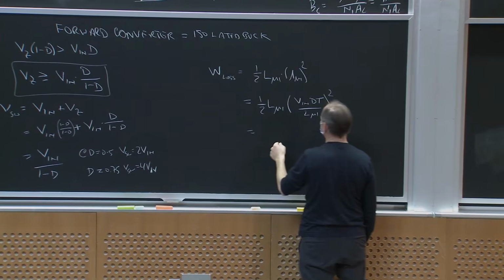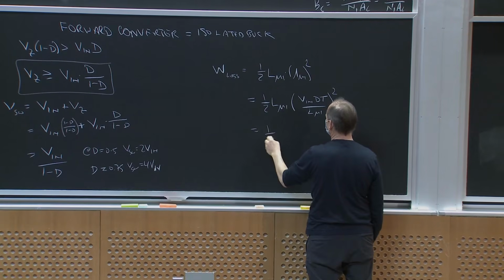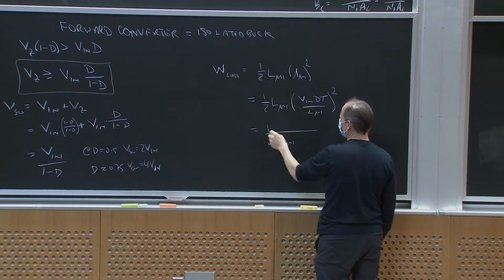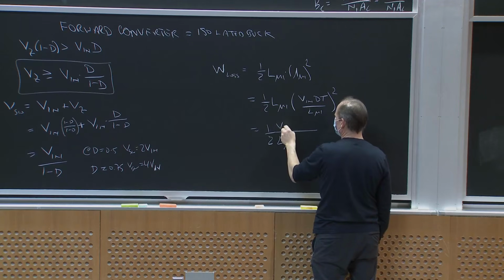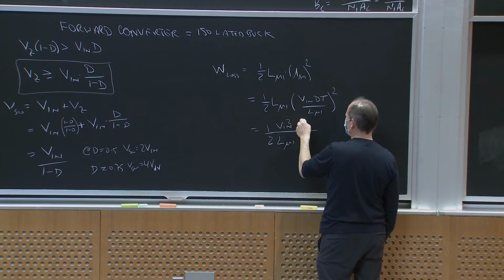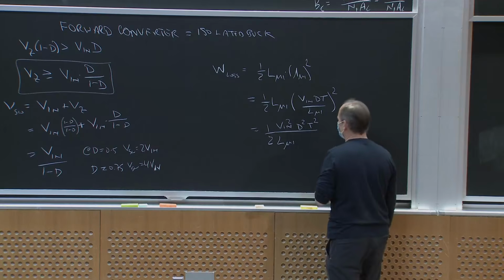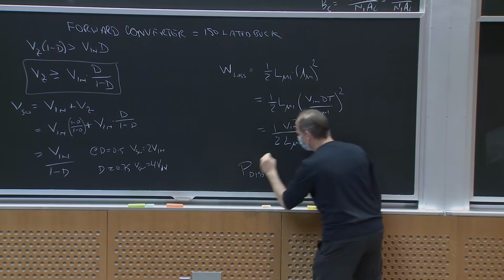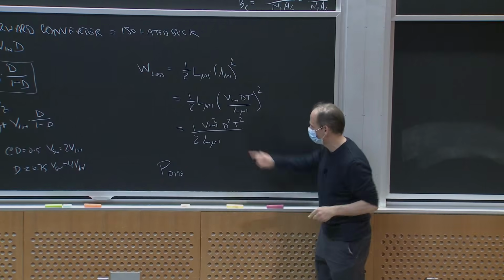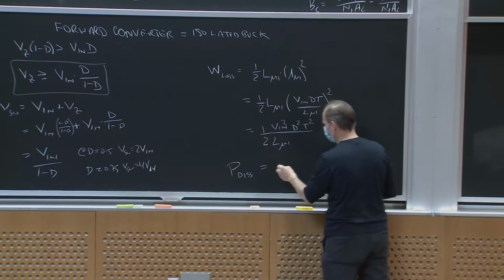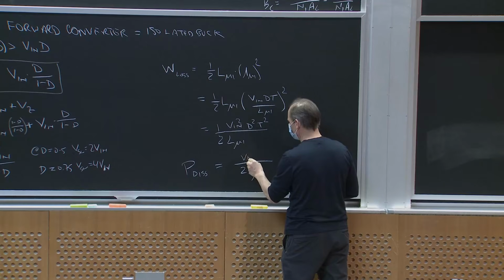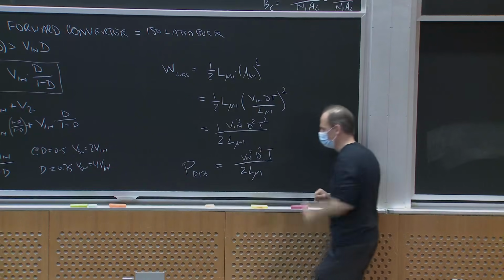This works out to be 1 over 2 L mu 1 times V in squared d squared t squared. And then if I wanted to say what's the power dissipation, I have to multiply that by the frequency of 1 over t, and what I get is V in squared d squared t over 2 L mu 1.